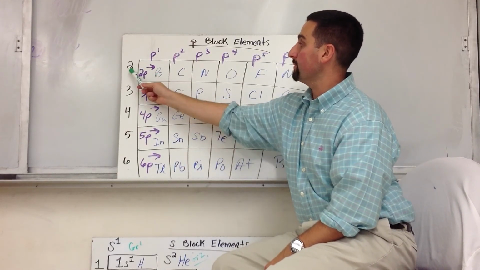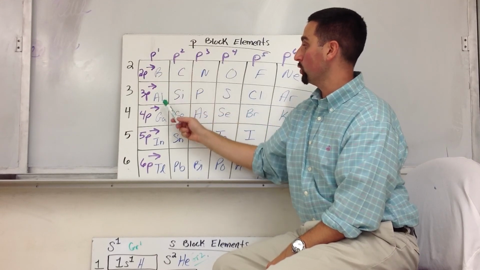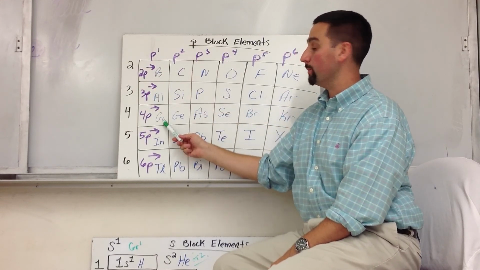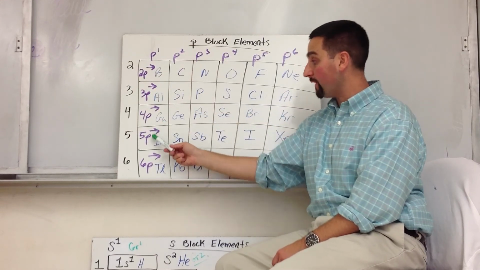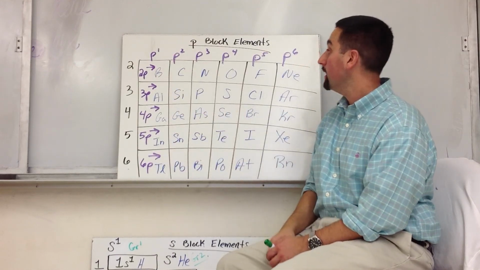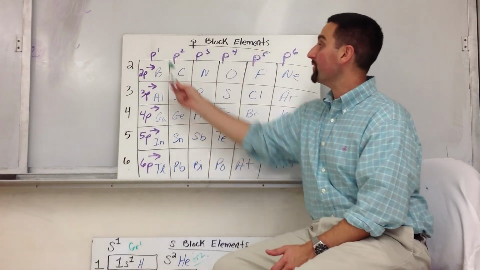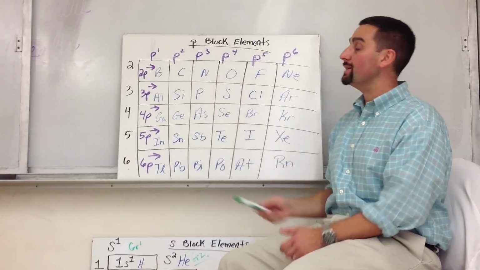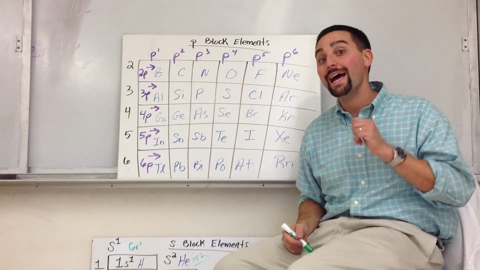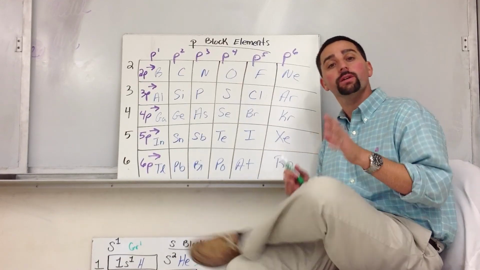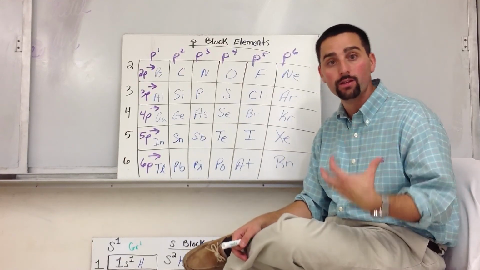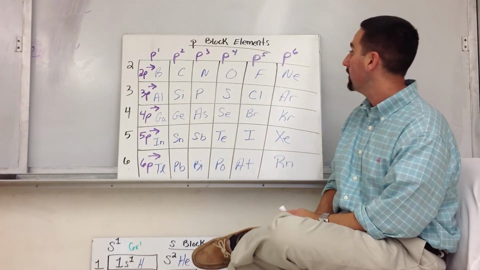So boron ends in 2p1. Aluminum ends in 3p1. Gallium, 4p1. Indium, 5p1, and so on. These are called the p block elements, and big surprise again, there's 6 groups because we cannot go past p6. The limit on p orbitals is 6 electrons, and there's 6 groups.